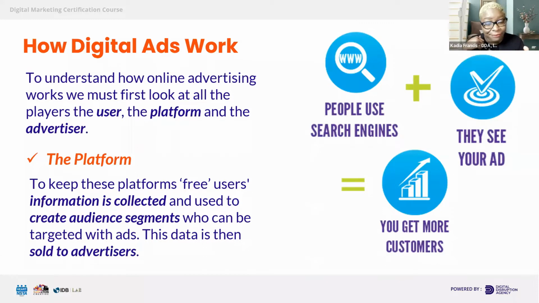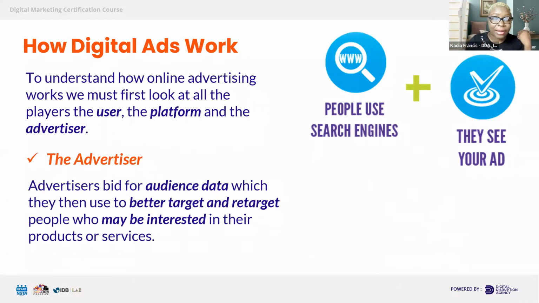They collect this information and create audience segments from this data, and turn that into analytics and insights that they then sell to an advertiser, who can take those analytics, insights, and audience segments and target us again. So if we go back, the advertiser bids for that audience data, which they then use to better target and retarget people who may be interested in their products or service. So you guys see how that works.